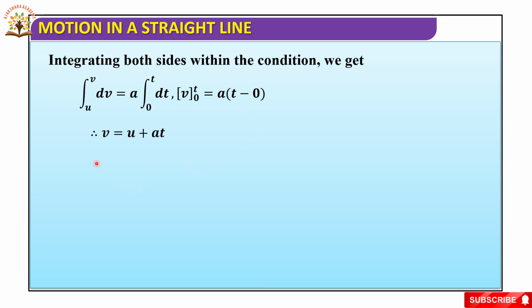Therefore v minus u is equal to a into t. So therefore v is equal to u plus a t.